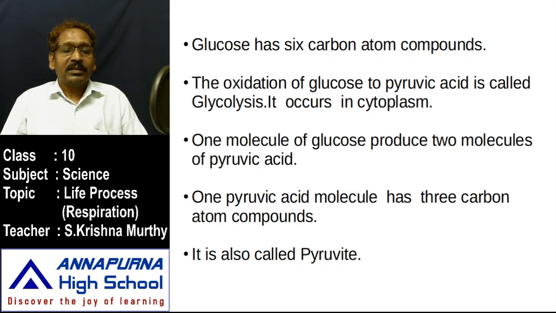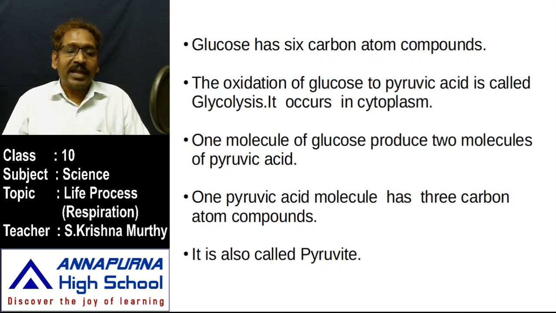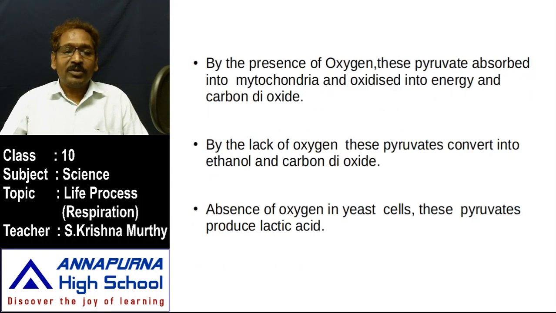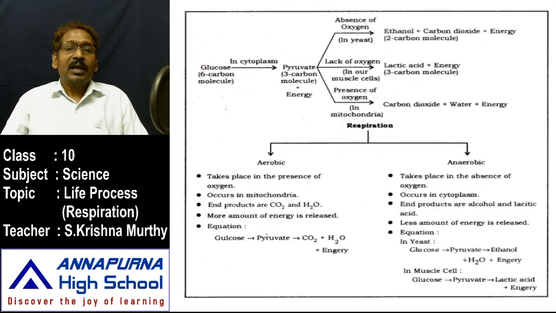One molecule of pyruvic acid has 3 carbon atoms, so it is also known as pyruvate. The cell utilizes this pyruvate after oxidization for endothermic reactions. In an earlier class I taught about endothermic reactions. Have a look here.